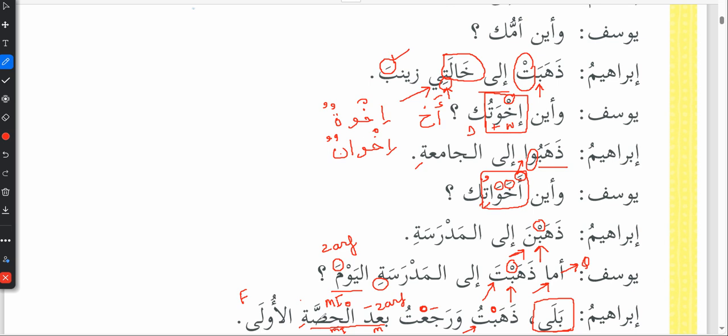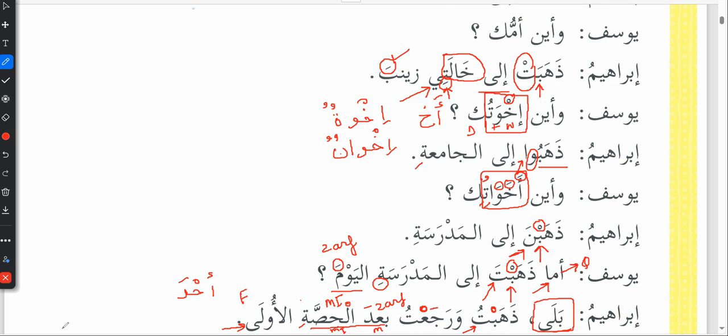And what is the sign of femininity? Alif maqsura in the nouns. This sign of femininity is used in the nouns, not the verbs, right? So what is the male of ula? It's awwal. So that's how you answer when you are being interrogated.